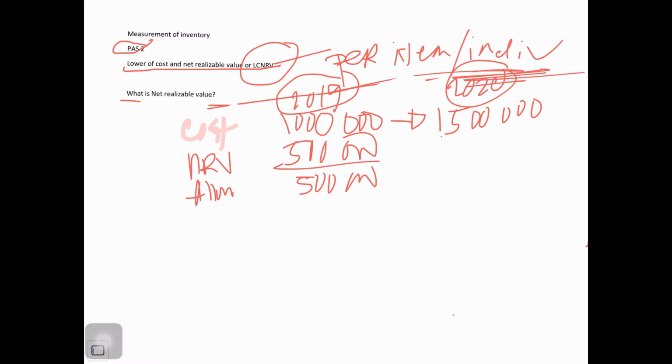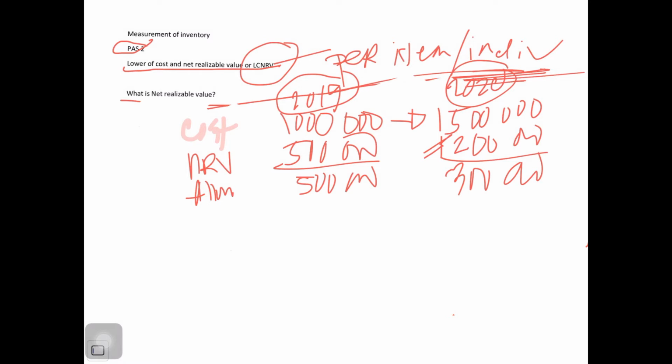Our NRV becomes 1,200,000. So which is lower, guys, cost or NRV? It is still NRV. So what is the difference, guys? 1,500,000 minus 1,200,000, so you have a difference of 300,000.